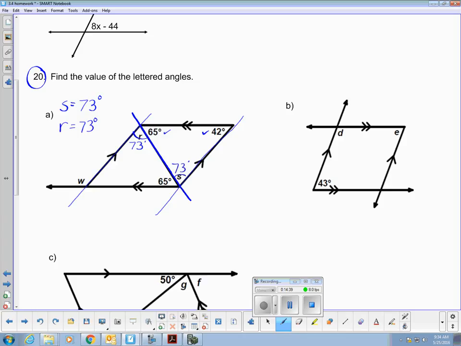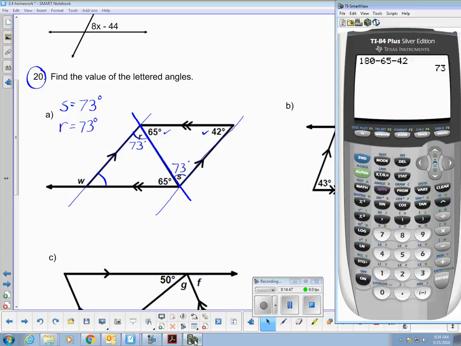In a triangle, the sum of the angles is 180 degrees. So I can now find this missing angle measure. So beginning with 180, minus the first angle is 73, second angle is 65, which leaves 42 degrees.